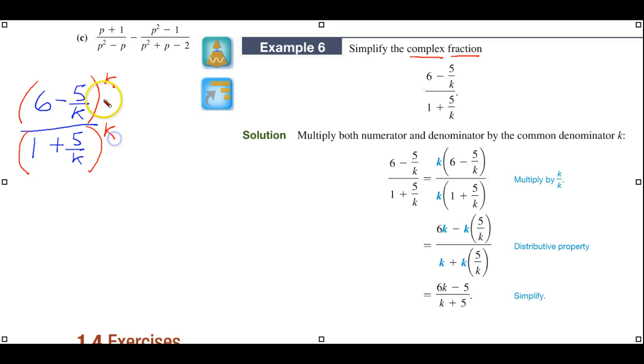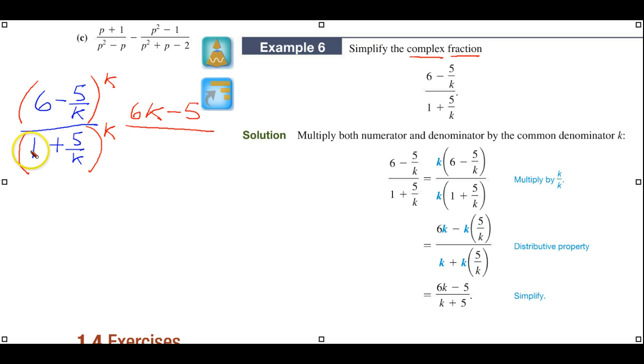So what we're going to do is multiply each of these by the k, and it simplifies our fraction. So we go 6 times k is 6k. And then when we multiply this by k, the k's actually cancel out, and we're left with a -5.